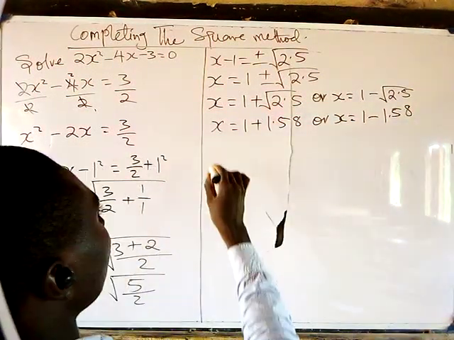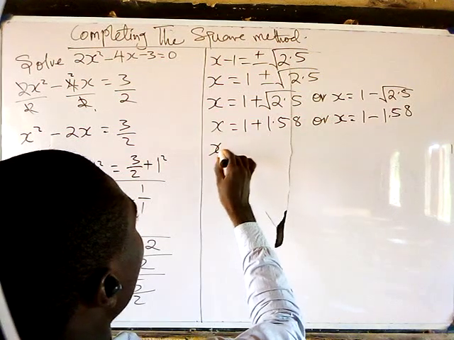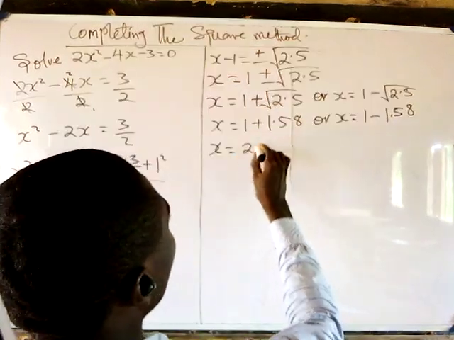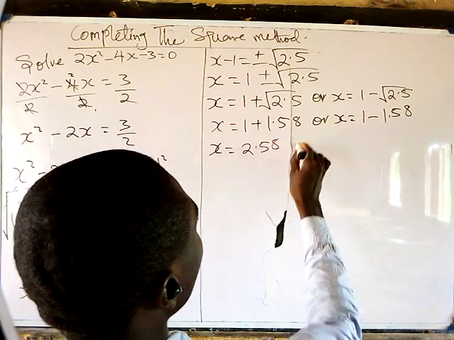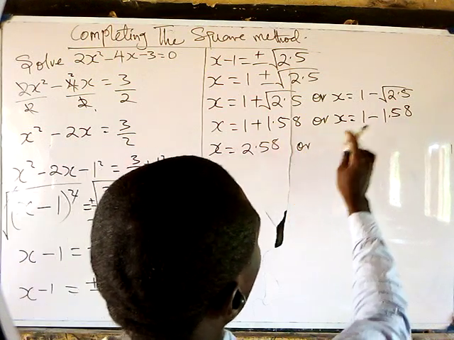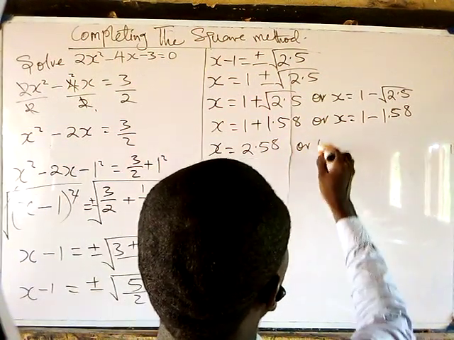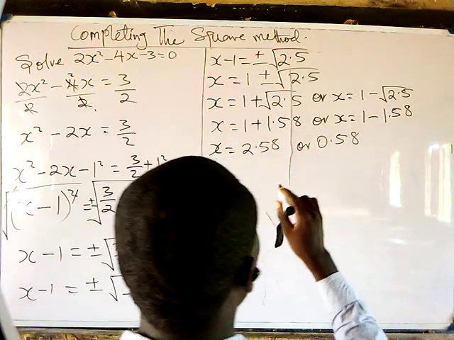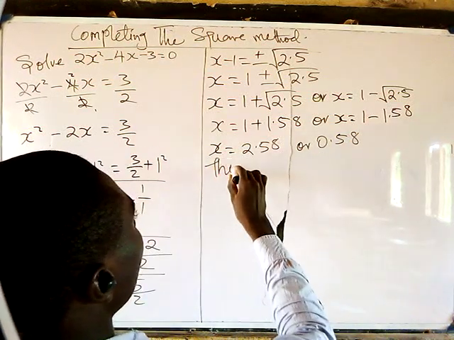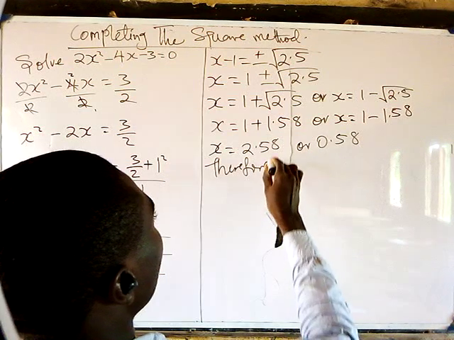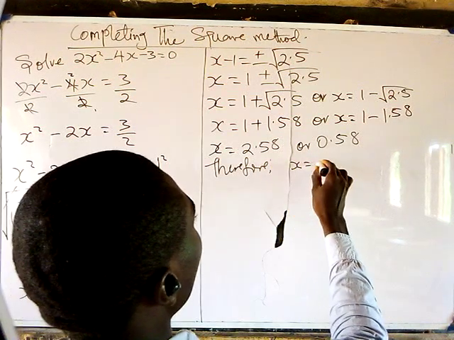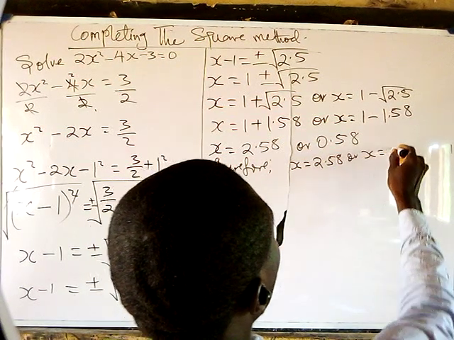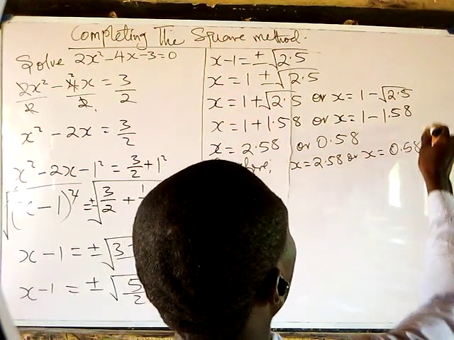All right, so x is equal to 1 plus 1.58, which becomes 2.58, or 1 minus 1.58, which becomes 0.58. Now the answer, therefore, x equal to 2.58, or x is equal to 0.58.